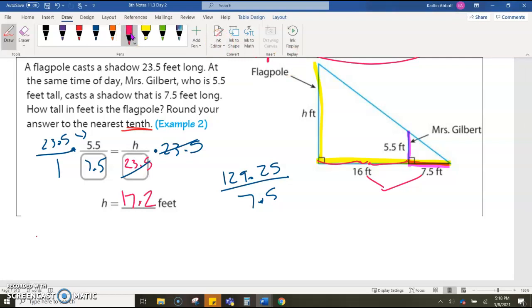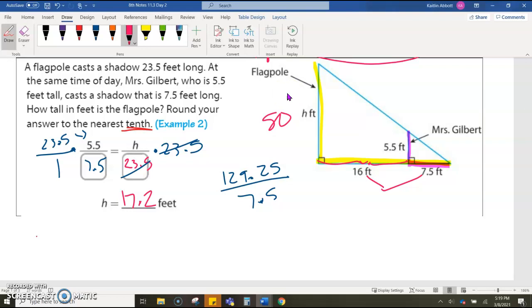And does that make sense to our problem? Yeah. 17.2. It's bigger than our shadow. No, our shadow, remember how long is our shadow? Our shadow is 23.5. So it makes sense. This number would not make sense if it was like 50 feet high.